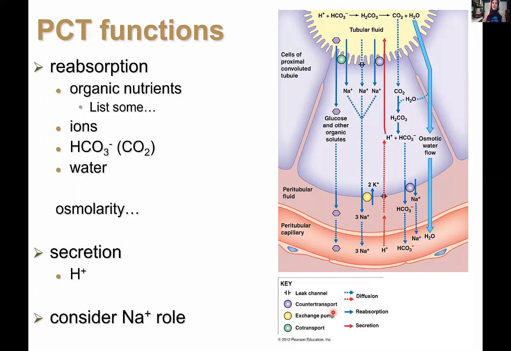So we want to get those back. Ions, including bicarbonate, and when it conjugates with carbon dioxide, of course, carbonic acid. And then we also have, of course, water, that's important, and the secretion of protons.